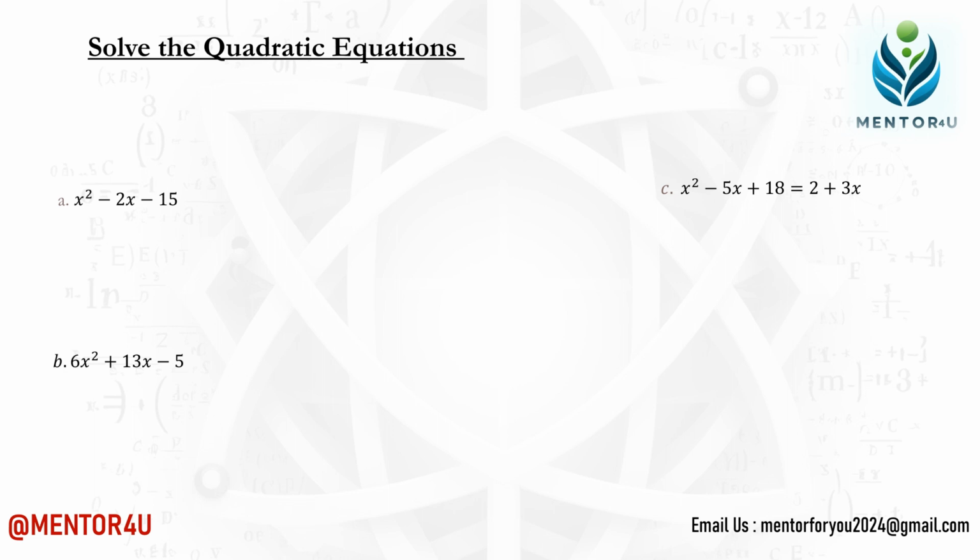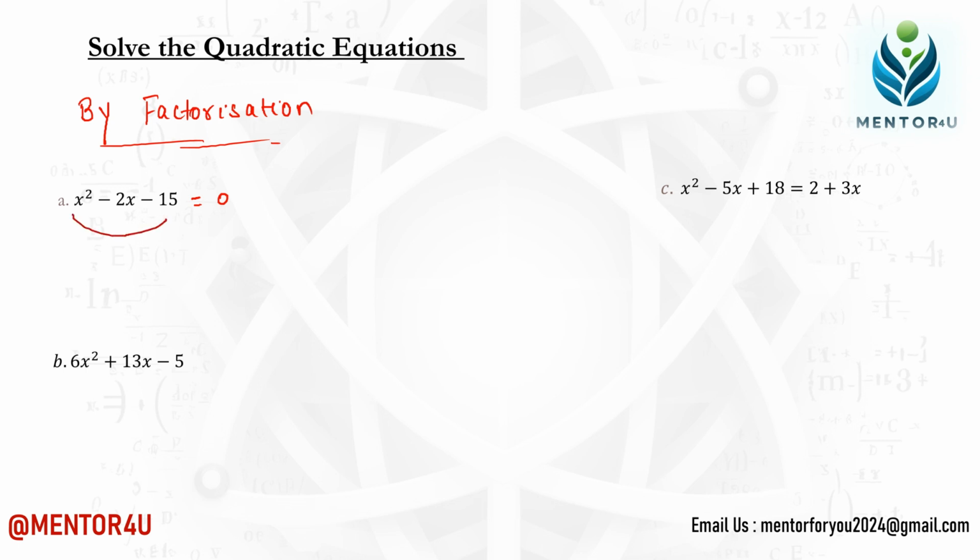Let me put the heading here: factorization. We have to find the roots, so we multiply the coefficient of x square, which is 1, with minus 15.